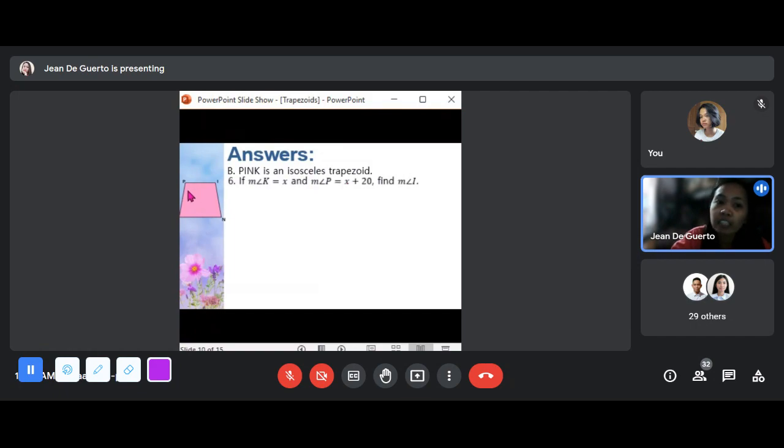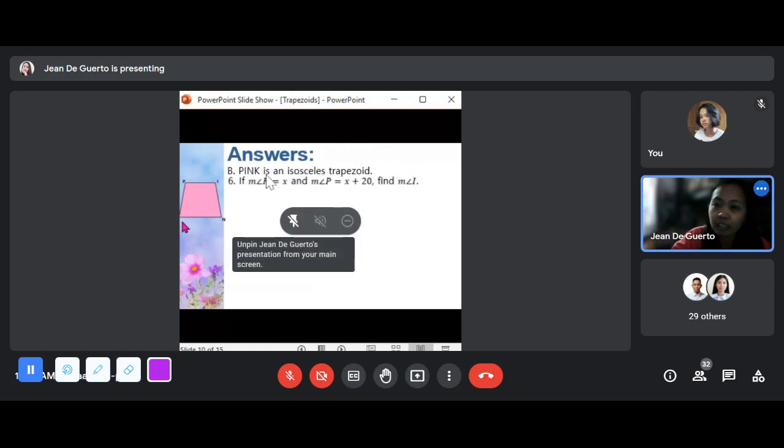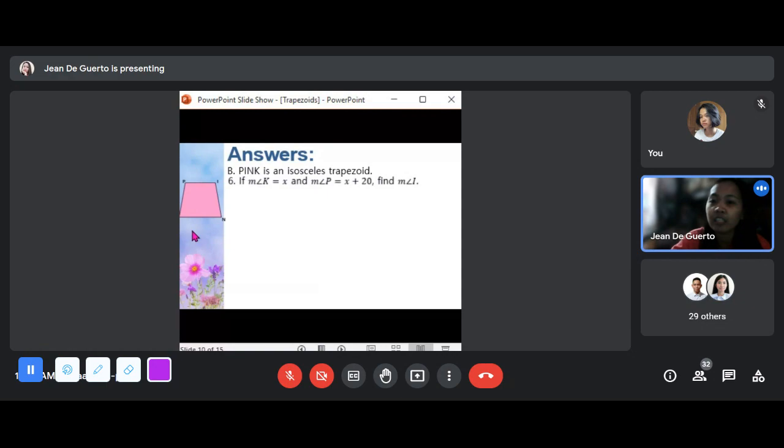And since angle P and angle K are consecutive angles which are not a pair of base angles, hindi sila yung pares ng base angle, we can have our equation as x plus 20 is equal to 180 kasi supplement sila. They are supplementary.